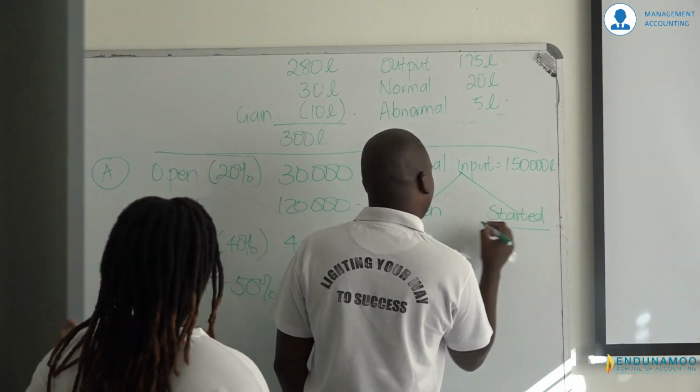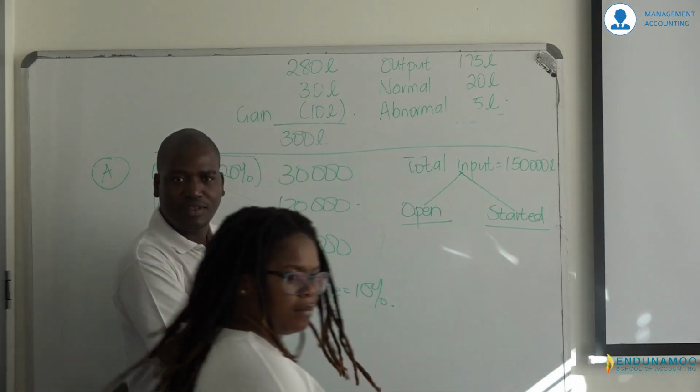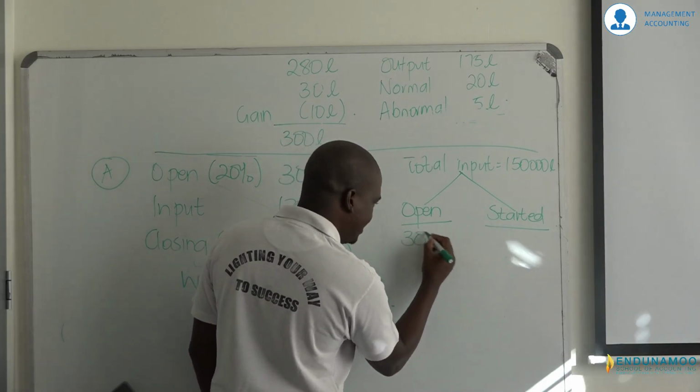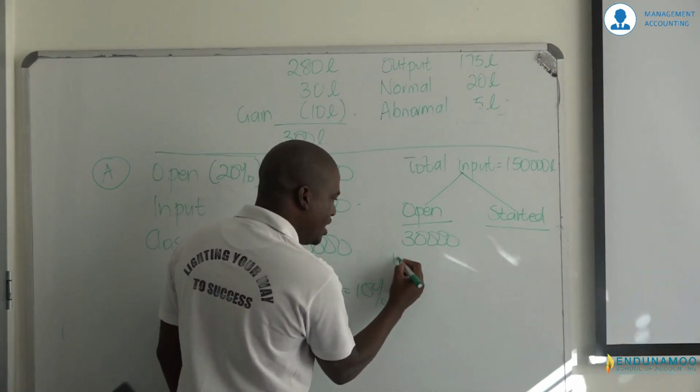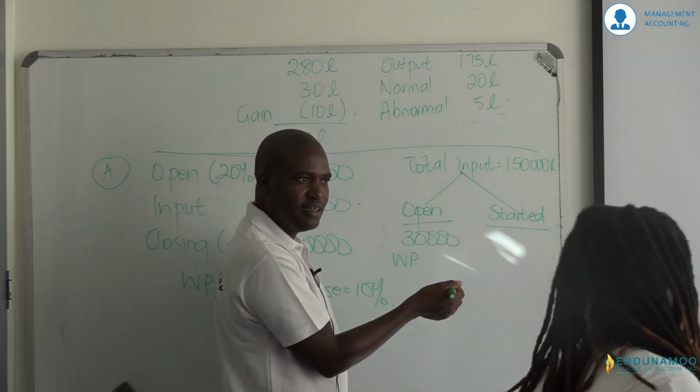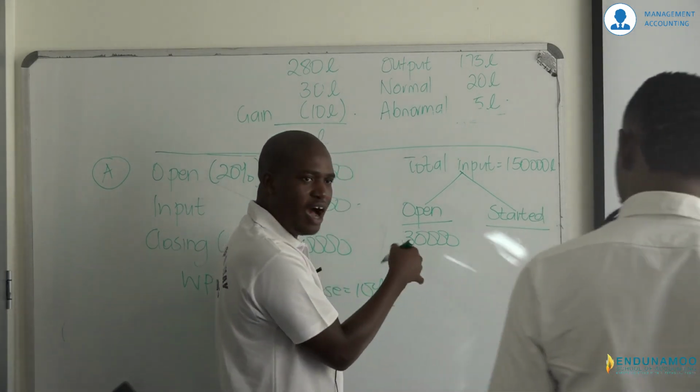So they are saying break it down this way, right? When you break it down this way, you will say to the examiner 30, and you'll say wastage point, has it passed or not passed the wastage point? Is it before or after the wastage point?